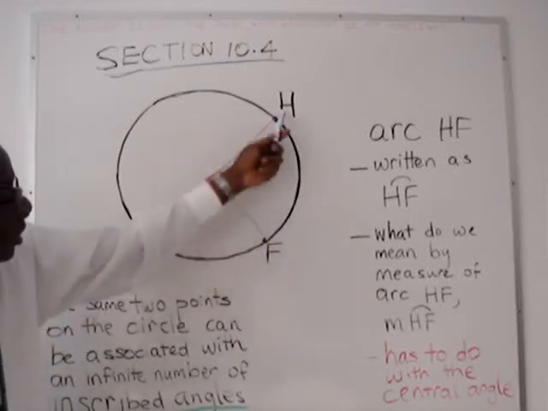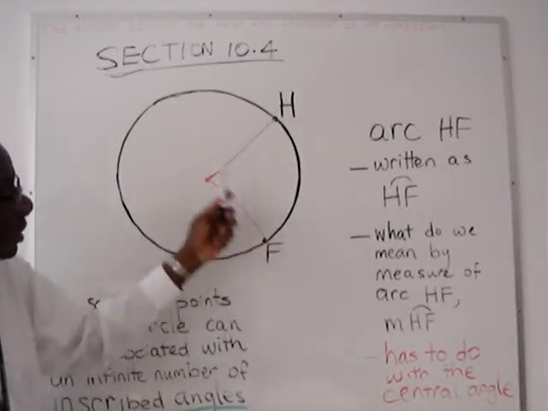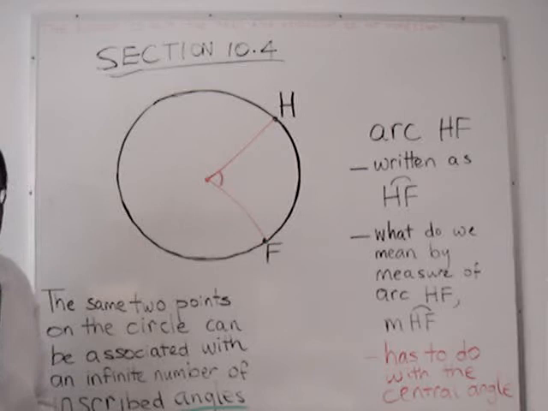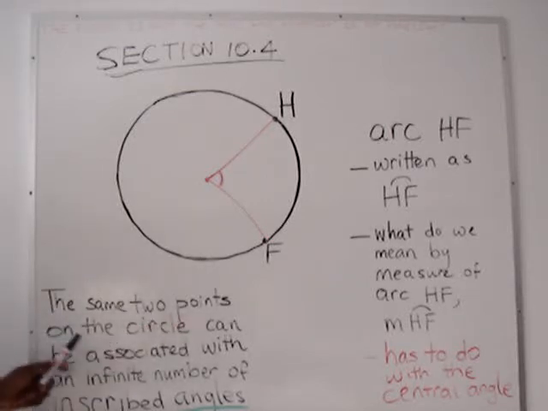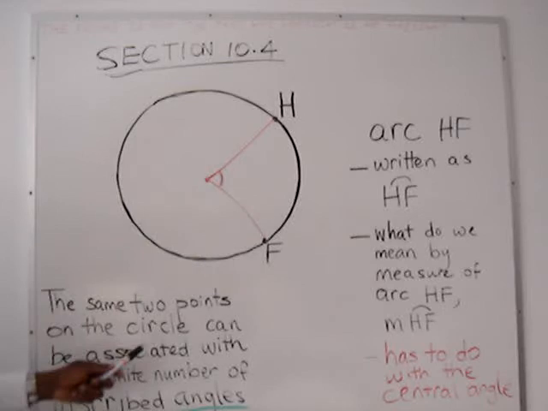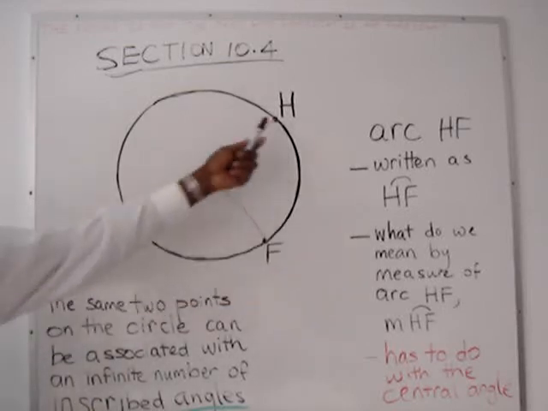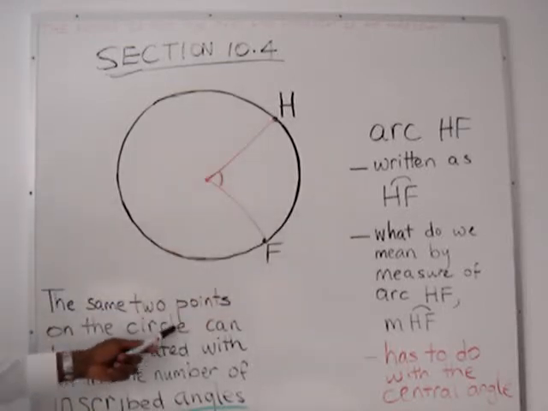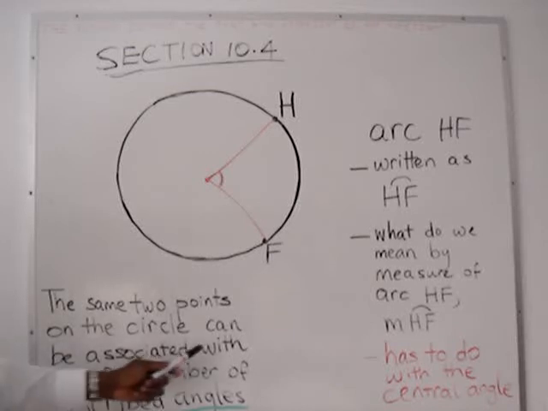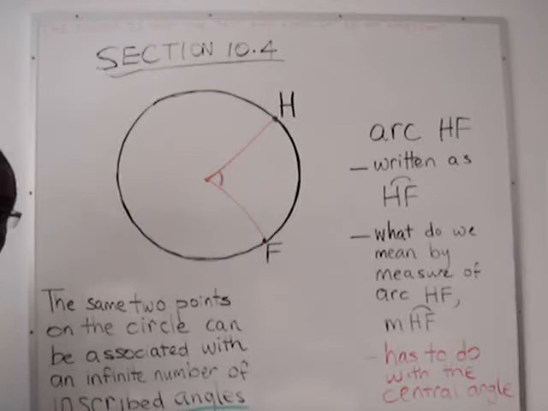Now, associated with these 2 points, however, is also what they are calling the inscribed angle. Here I've written the same 2 points on the circle, the same 2 points that define the arc, which can also be associated with an infinite number of inscribed angles.